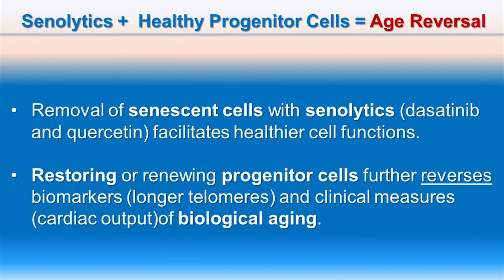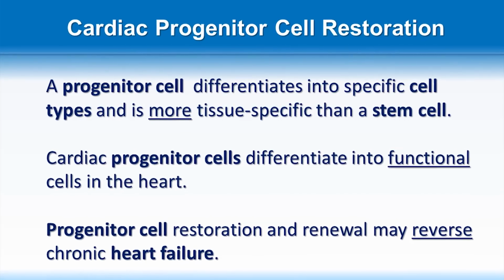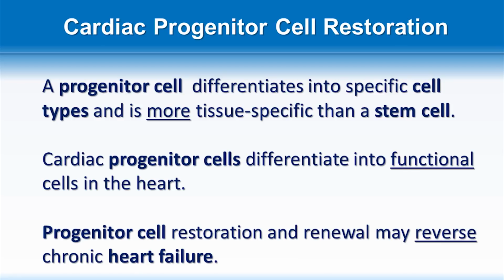So, the idea of getting rid of the accumulated senescent cell burden and then restoring healthy progenitor cell function through a brand new mechanism I'm going to describe is absolutely astounding. The potential to enable older people to grow younger. So again, definition of a cardiac progenitor cell and how to restore it. We need them.